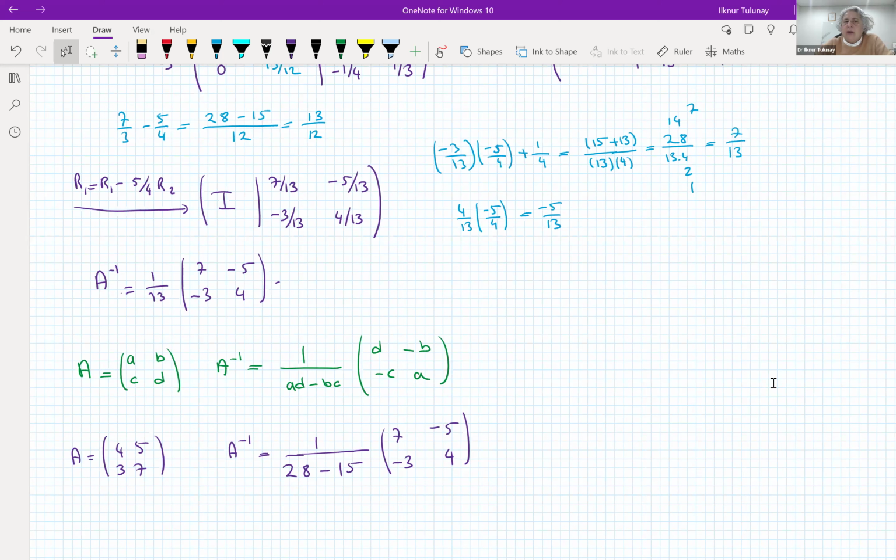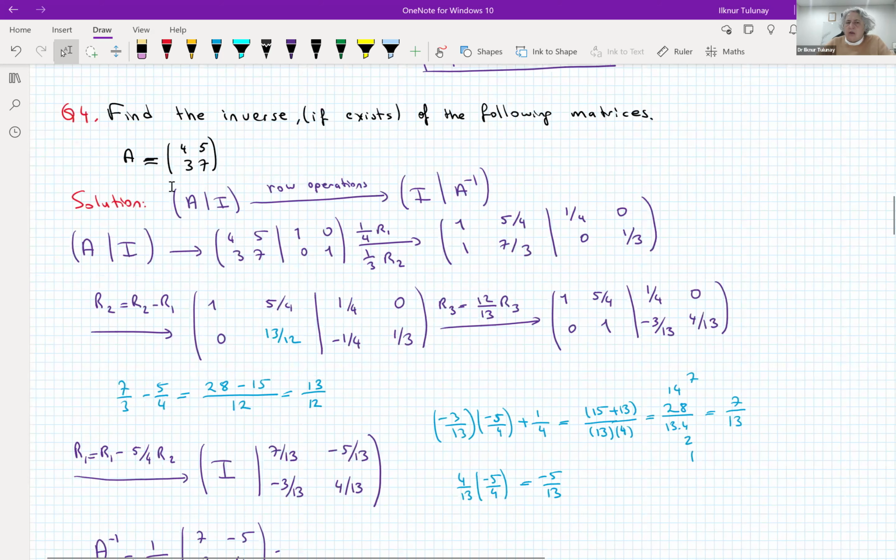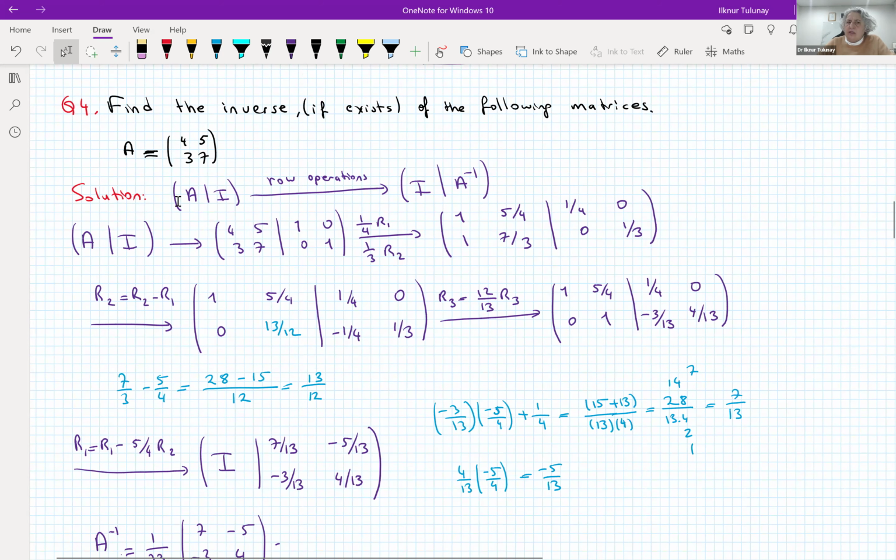And if you have 3x3 matrices, the formula is not as simple as this one. Yes, we have a general definition for A inverse for a 3x3 matrix, but finding the inverse of a 3x3 matrix is not easy. It is easier to use this method here: take the 3x3 matrix and the 3x3 identity, and row operations will give you the inverse.